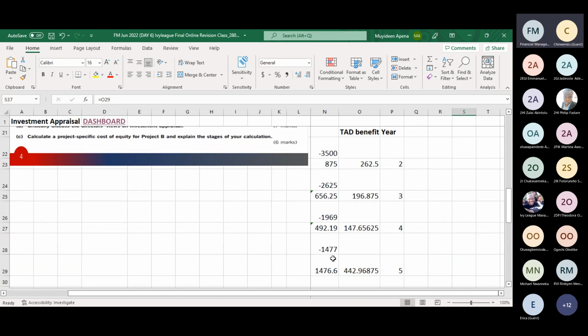Look at it. Huge amount. 1.476 was claimed. But look at what has been claimed in the previous years. 825, 656, 492, but 1.476 or 477 was claimed in the final year. And that's what took this to a high level of $443,000 TAD benefit.